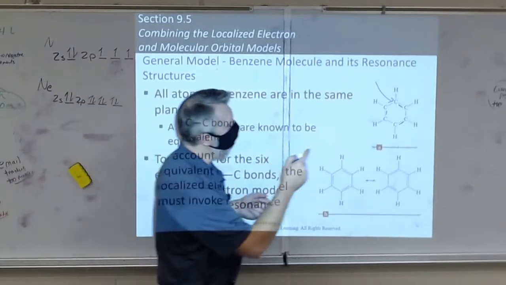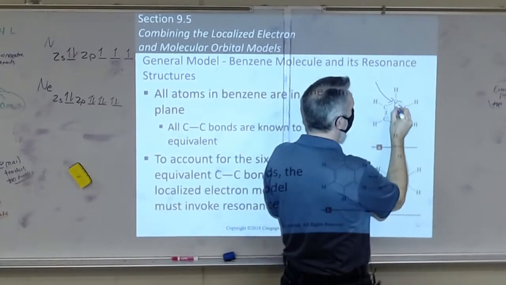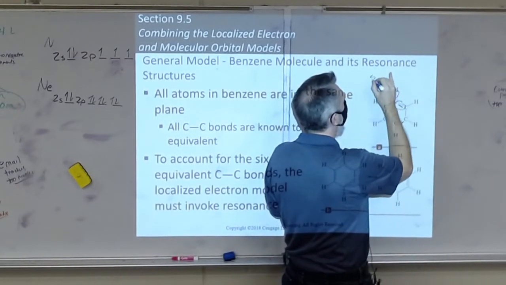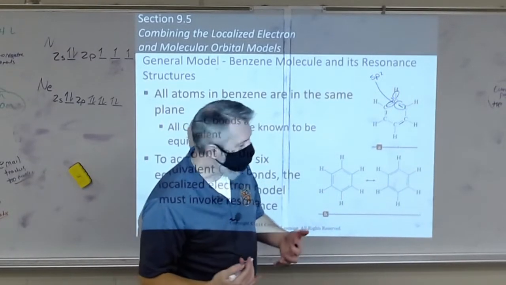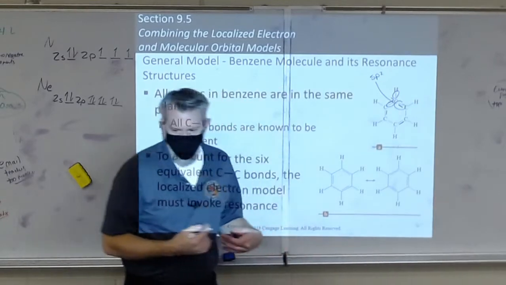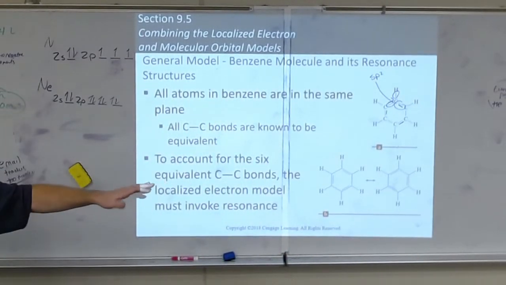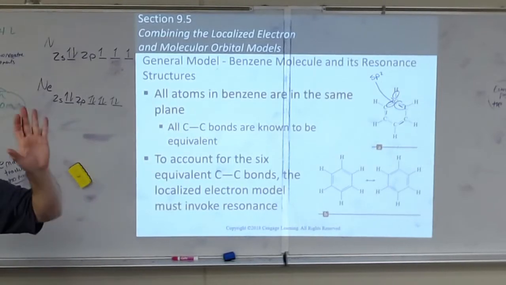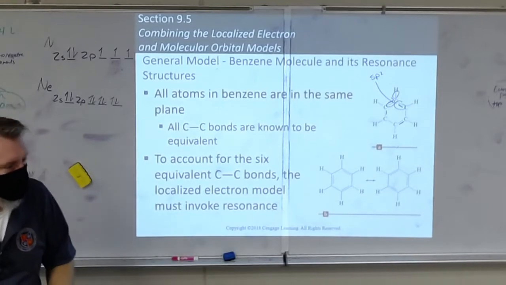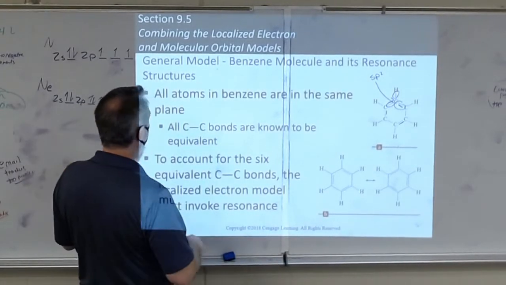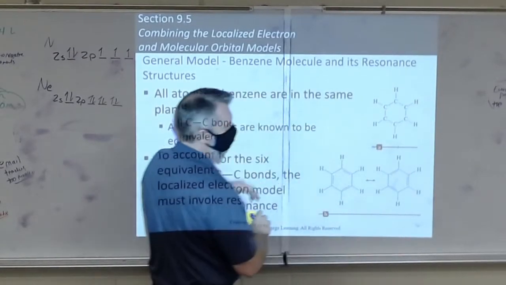Looking at this carbon, how many regions of electron density do I see? 3. 1, 2, 3. This is sp2. You'll get questions like that, and a lot of times students, particularly AP chemistry students, will see these structures and go, that's organic, my teacher didn't teach me organic. Just calm down, read the question. Yes, that's a benzene ring. That's not what the question's asking you. You can answer that question. Okay?